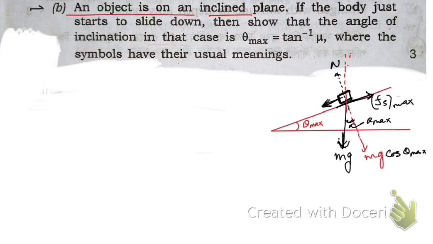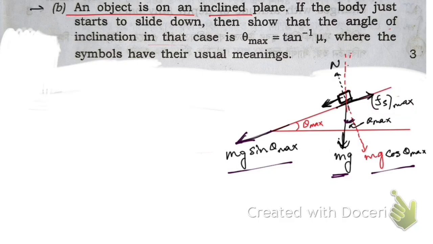And now you see, in this case, the magnitude of this friction force will be equal to mg sin theta max, right? Hope you have the idea of vector resolution. So this mg is resolved into two components. One is mg cos theta max, another is mg sin theta max. So this is equal and opposite to this Fs max.